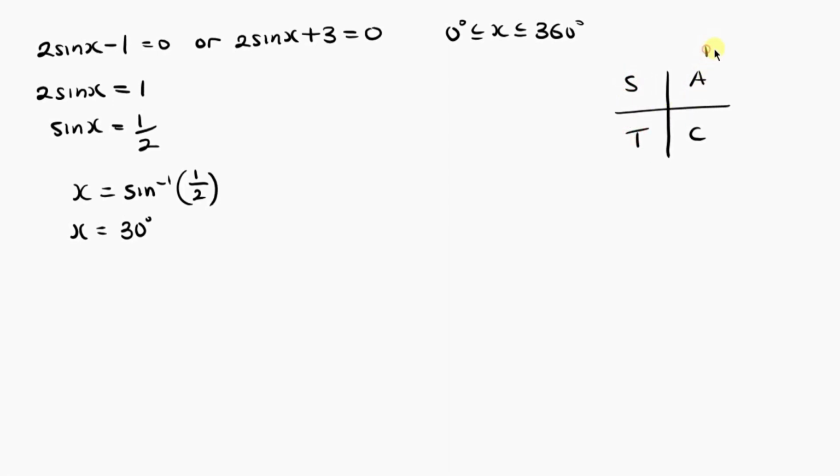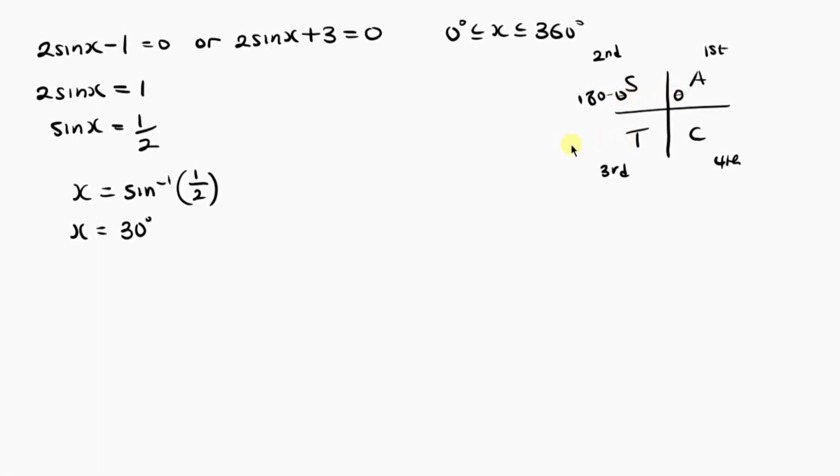Remember, this is the first quadrant, this is the second quadrant, this is the third quadrant, and this is the fourth quadrant. The first quadrant is angles between 0 to 90. The second quadrant has this formula, which is 180 minus theta, which is minus the values we have on the first quadrant.